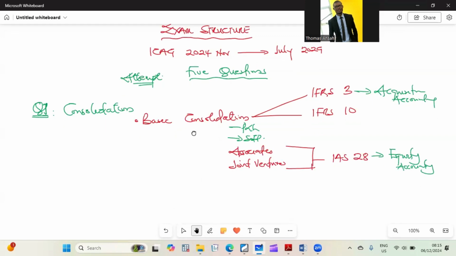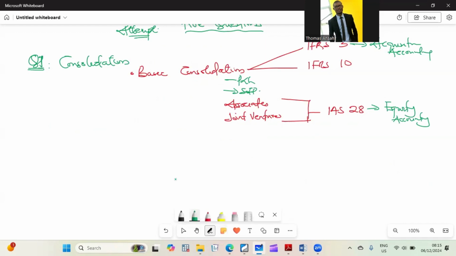Then after the basic stuff, you have the issues designated to level 3, which is complex groups, where we are talking about changes in group structure.